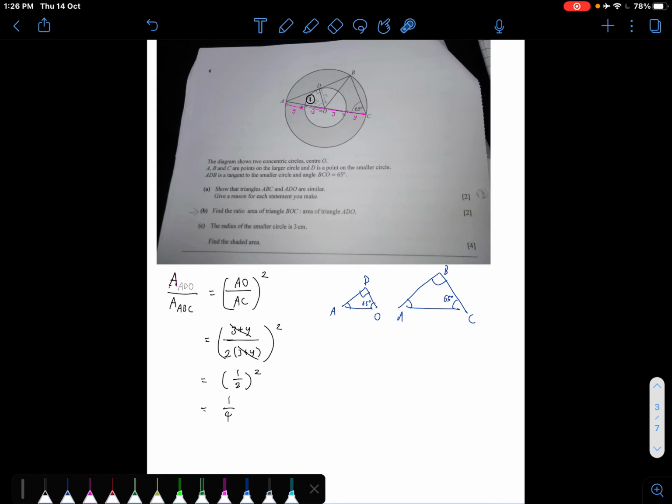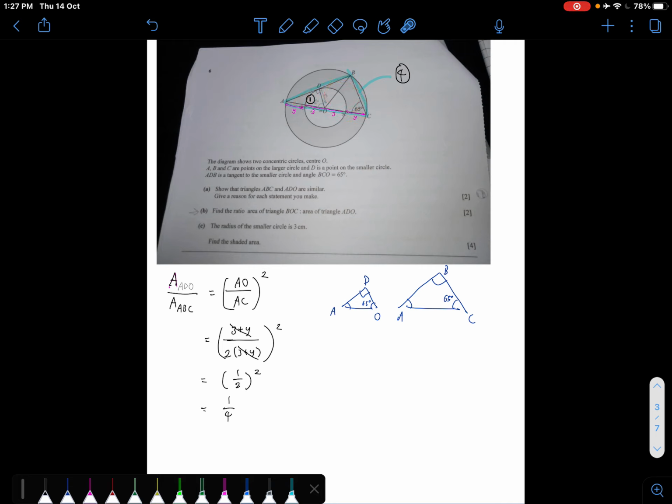Then we know that the ratio of area of ADO to area of ABC is 1:4. So what do we know about the number of units for the area of ABC? I'll just highlight it and label here, it must be 4 units, right? But this 4 units is made up of the 1 unit here plus the remaining part here.